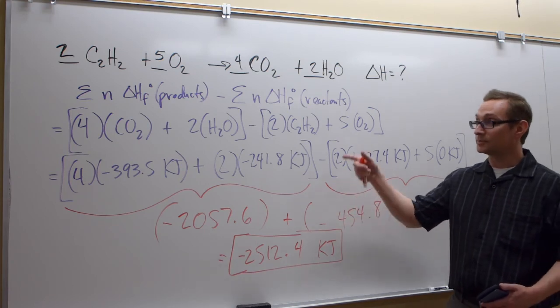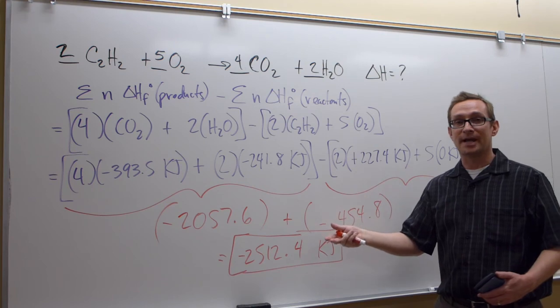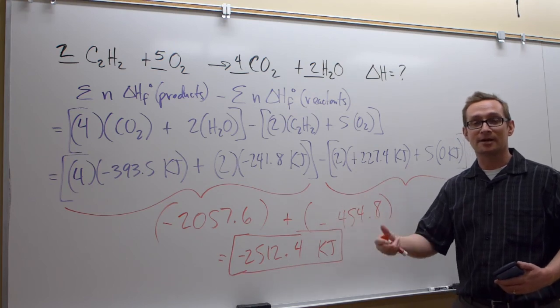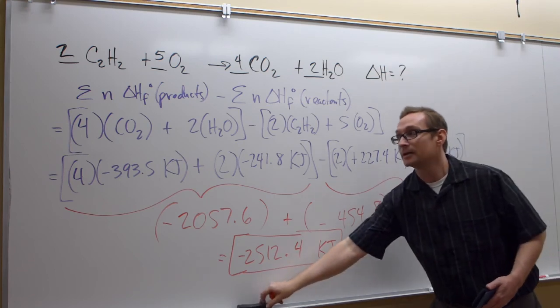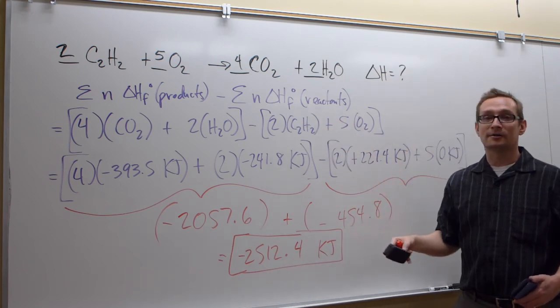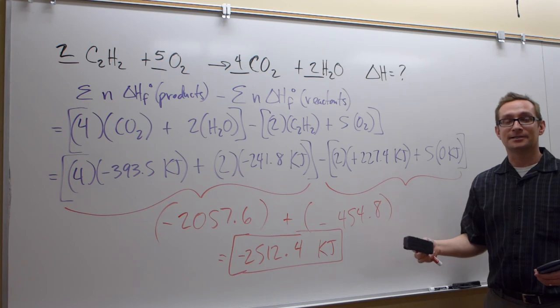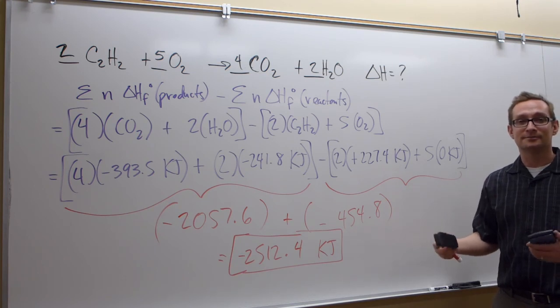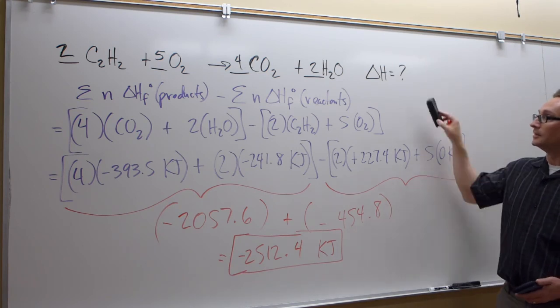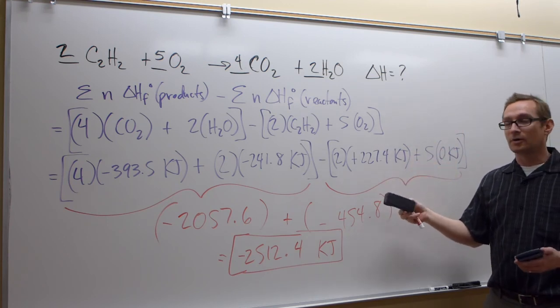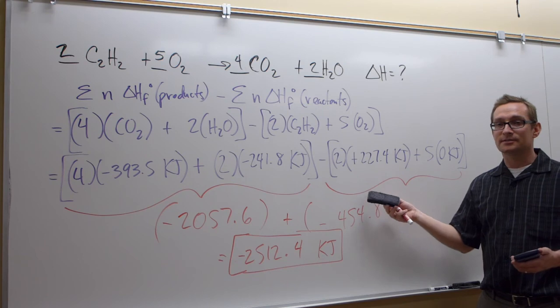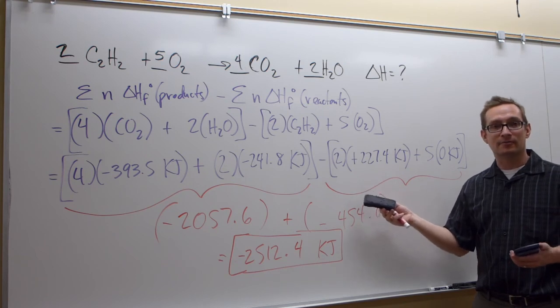Well, we did a problem using Hess's law with formation reactions, but I can tell you right now, there are other times when you want to find delta H of a reaction, and not all of the reaction steps are formation reactions. So it's a lot more difficult to do Hess's law if you don't have the formation reactions.